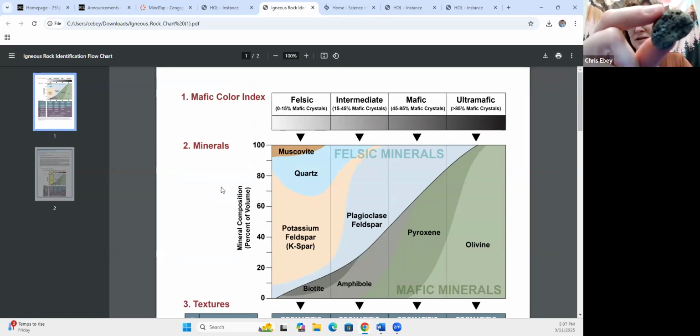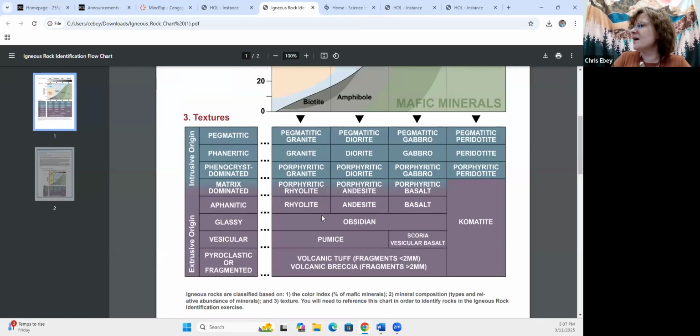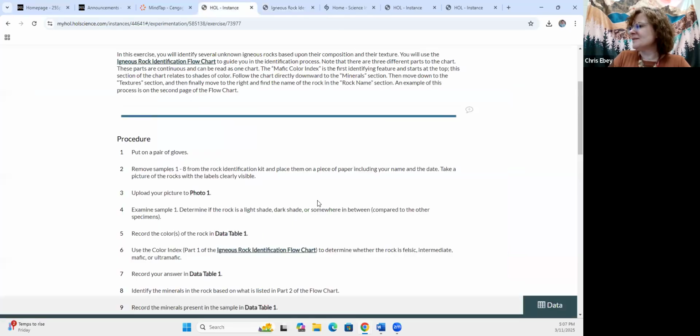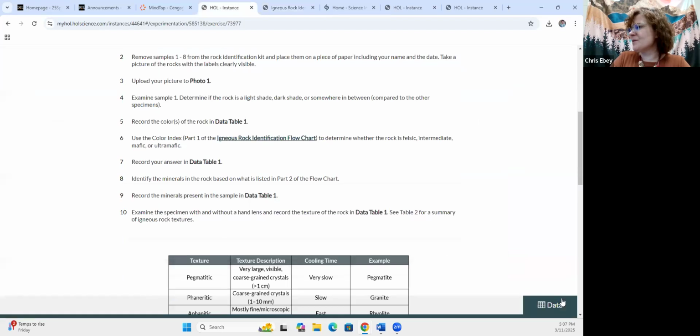If you can see the color there, you could actually do felsic / intermediate. They don't give you that option in the directions, but you should be able to type it in. And then you record that in table 1.